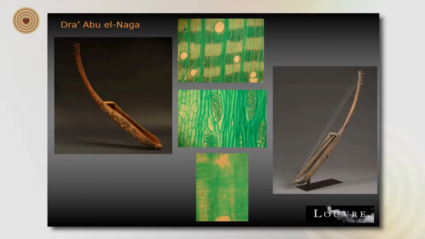So, as I said before, our work is based on wood anatomy, and for that we have two special collections. One comes directly from the excavations, found about 5 years ago in Drâa Abou el-Naga, which is in Luxor, South Egypt, and the other is the collection of the Louvre Museum, which has almost between 6 and 8 harps.